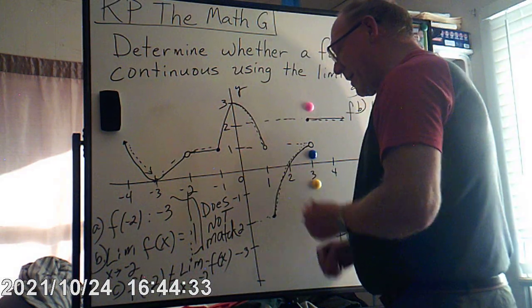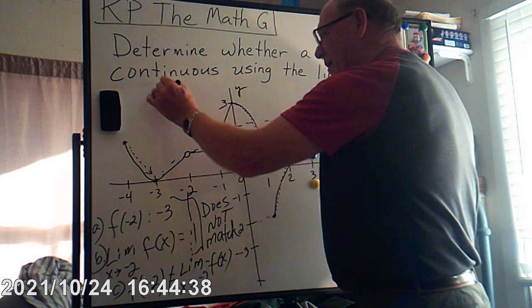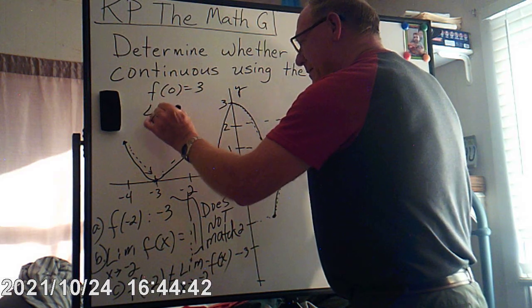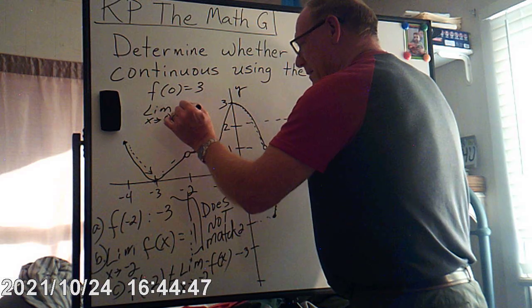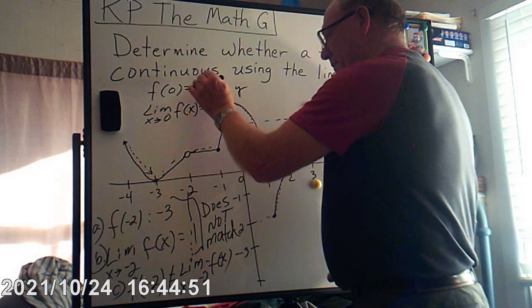We have continuity here. Look at this. At 0, we have f at 0 is 3. Now look at that. The limit as x approaches 0 is 3. They match.